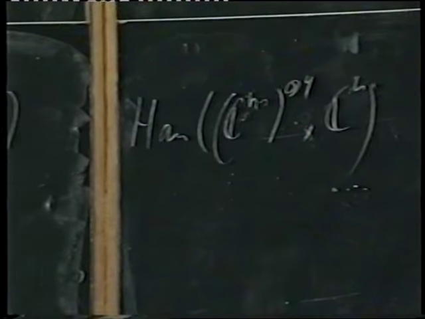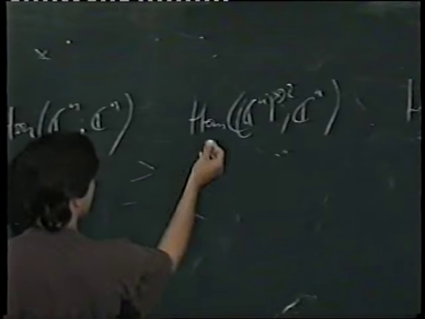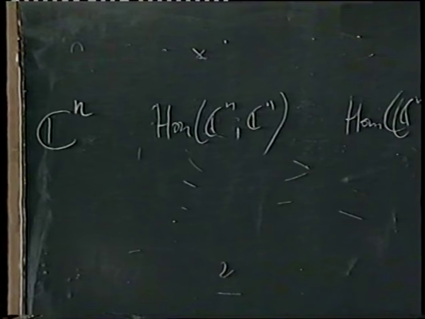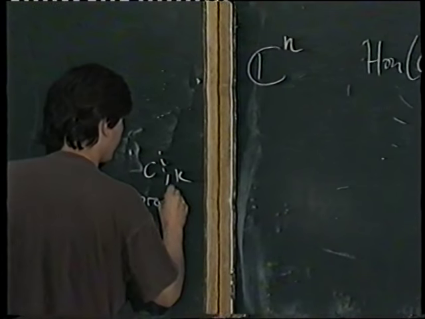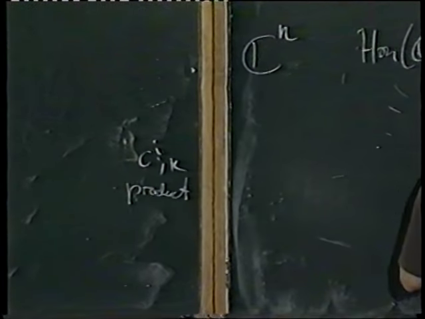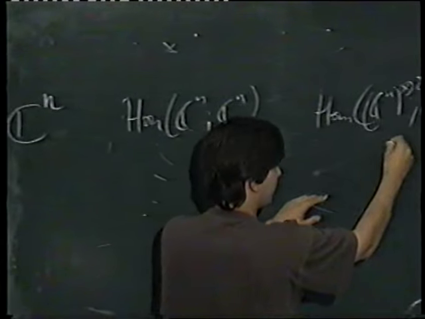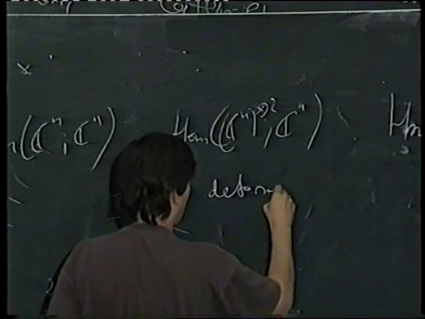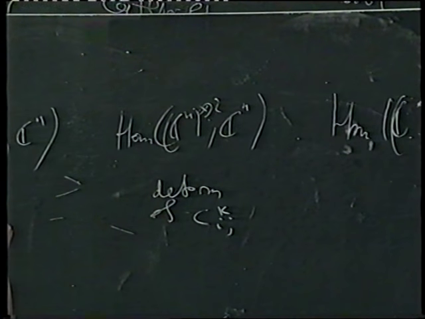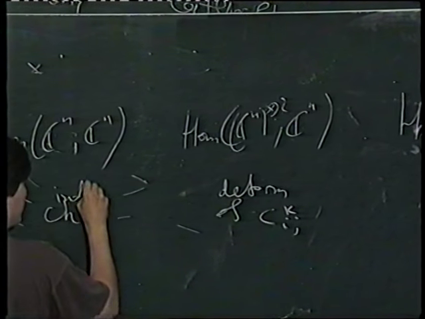So for example, here you can see the deformation. Suppose we have some product already, c_{ij}^k, which is an associative product, and we want to consider a nearby product. Then here it will be deformations of the structure constants. Here we make an infinitesimal change of coordinates.